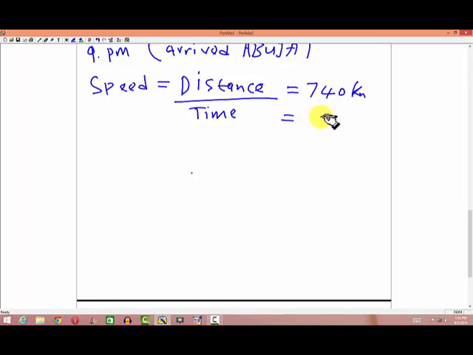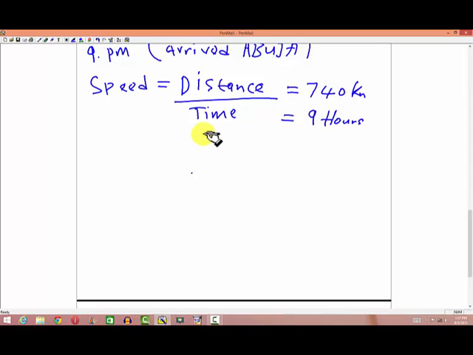The distance we already know is 740 kilometers. The time, he said it is by 9, so that means it took him 9 hours to reach.